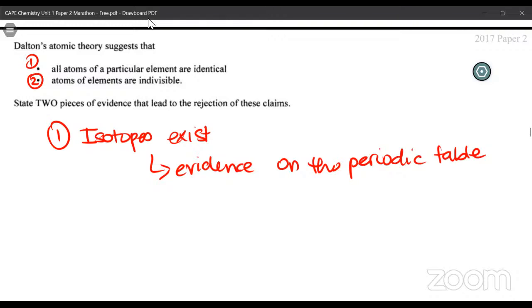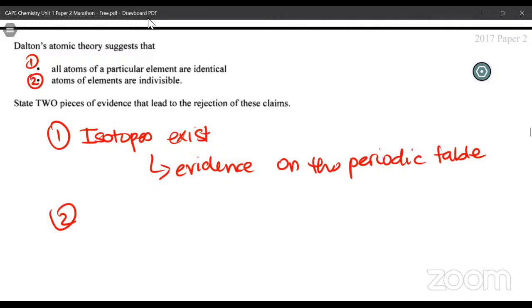Now, the second claim, that atoms are indivisible. When you think about this, because we can't really see atoms, chemistry is about your imagination. So it's what you can actually infer in space. So how can we know that they aren't indivisible?